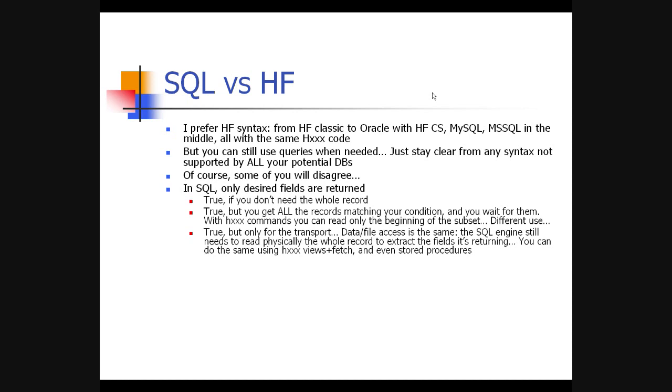So you still have the data access on the server that is the same. Also, you can do the same thing without using SQL, using H syntax views with the fetch argument and even stored procedures. So the argument that okay, just the desired fields returned is true, but for me it's not a compelling argument.